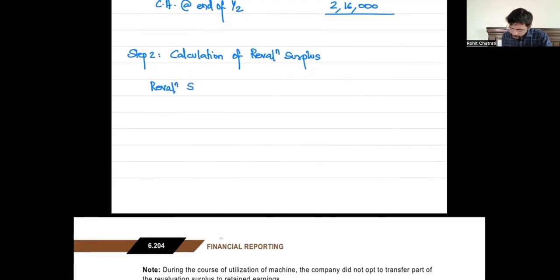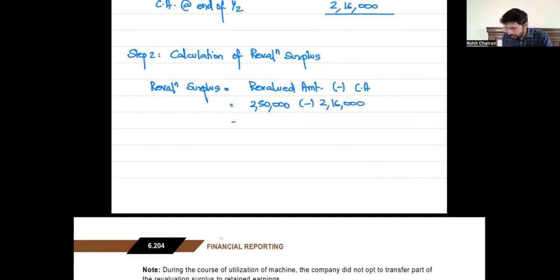Revaluation surplus is equal to revalued amount less the carrying amount. Revalued amount is 2,50,000. Carrying amount is 2,16,000, which means I have got a revaluation surplus of rupees 34,000.